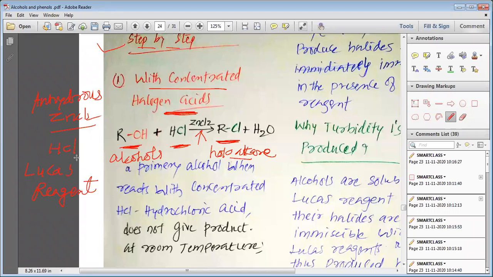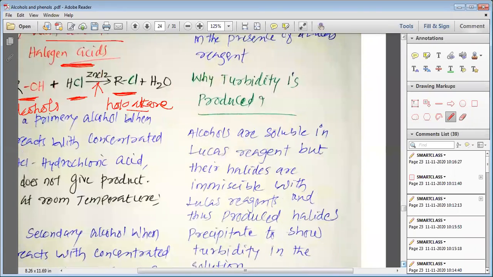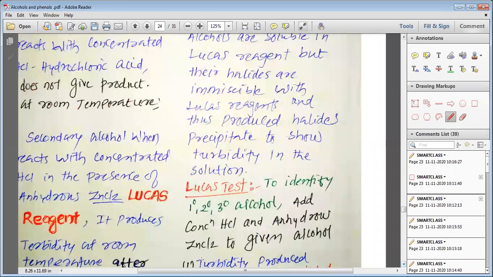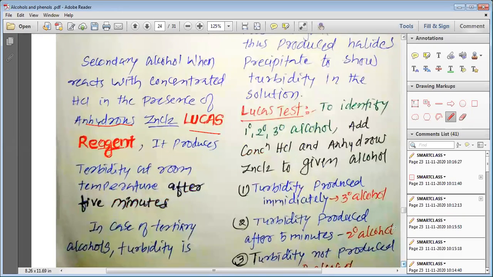We are going to study the Lucas test or Lucas reagent in detail. First of all, please remember that anhydrous ZnCl2 in the presence of HCl is known as Lucas reagent. Now, what is the speciality of Lucas reagent?